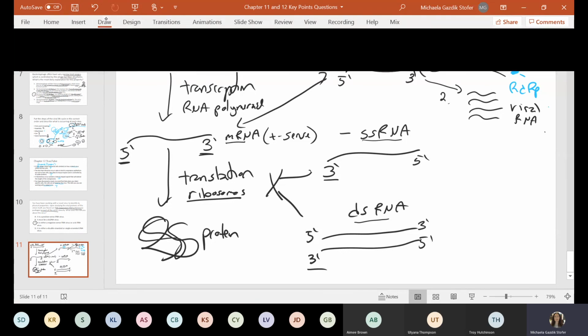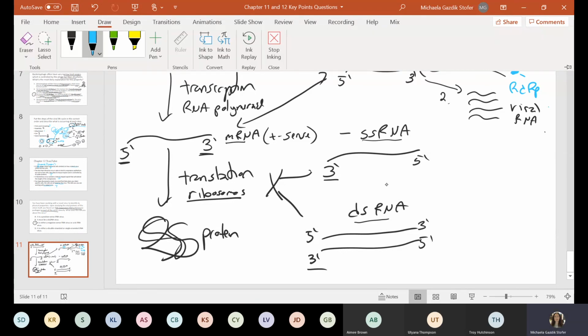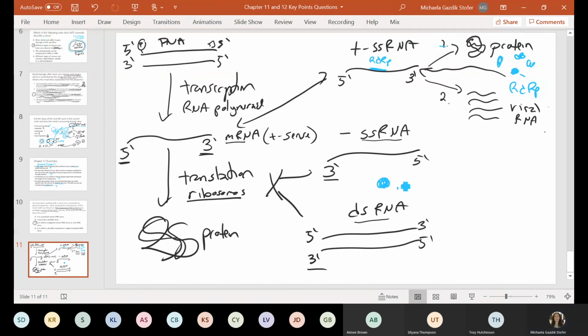Because of that, in the virus itself, we have to have that RDRP enzyme, the protein, already made. So that when this enters the cytoplasm, what's entering the cytoplasm is both the genome and the RDRP enzyme. And so that RDRP is already there to interact with the genome.